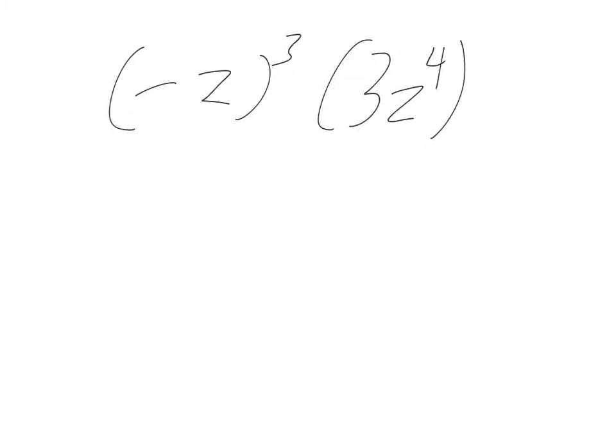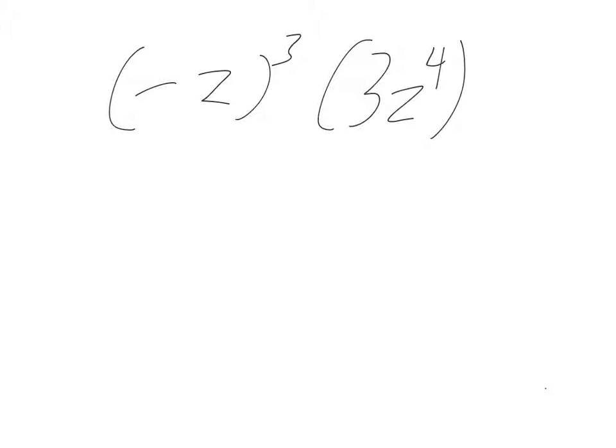And now to work out this problem, you're going to want to get the z's together, and since it's a multiplication problem, you're going to add the exponents, because you add exponents on multiplication.